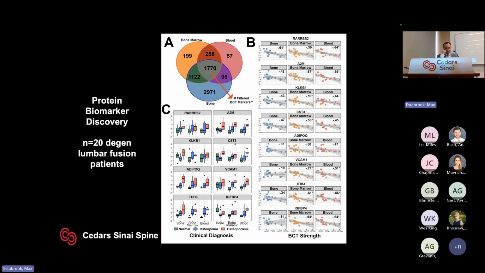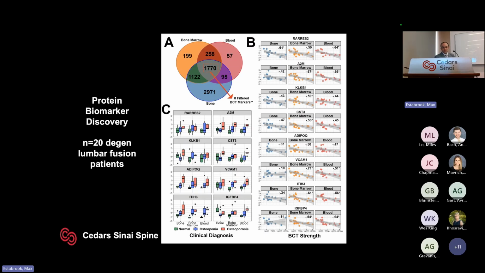But here's what we found in our prelim analysis that we used as preliminary data to submit for a grant to the NIH. Basically, we looked at all three tissue compartments and found proteins that were different for osteoporotic patients versus not, for both the bone, marrow, and serum. And we were able to identify 8 proteins that co-localized between all 3 compartments and the radiographic measurements, which basically suggested that these proteins have altered levels in the patients with poor bone health.